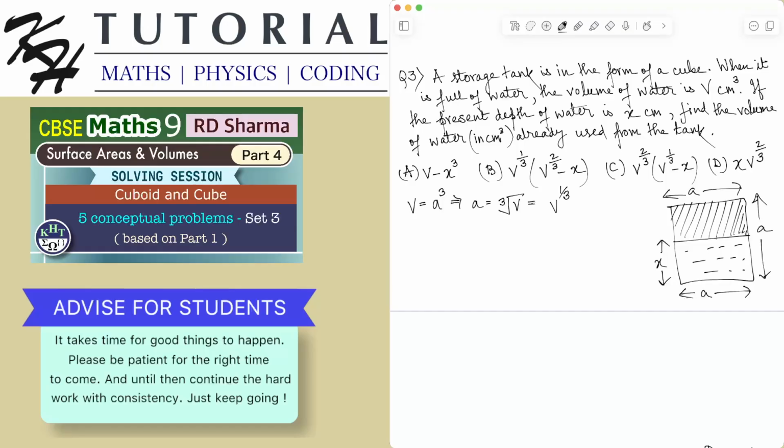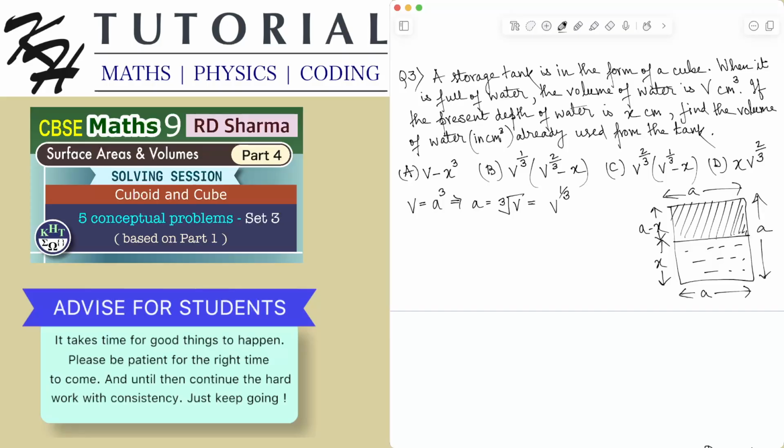Now what will be the height? This height will obviously be a minus x. So what will be the volume of the shaded region?